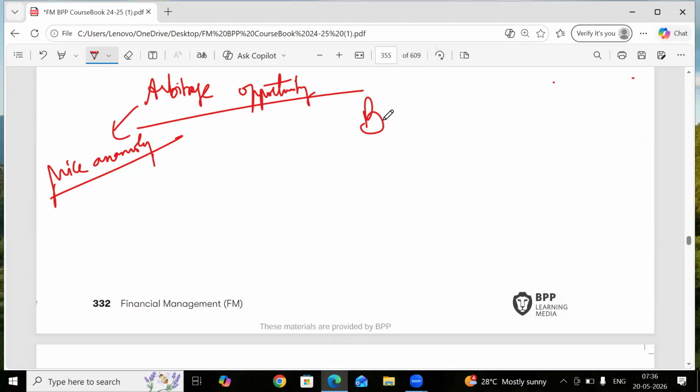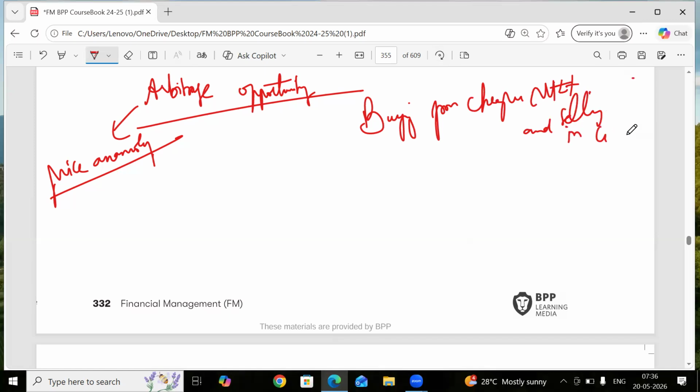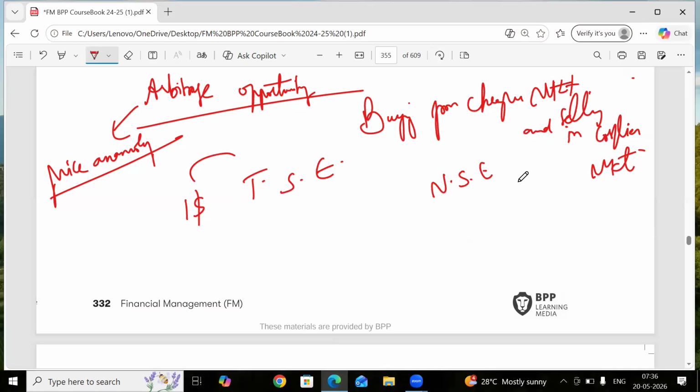So first, buying from the cheaper market and selling in the costlier market. Let's say Google stock is trading at $1 in the Tokyo Stock Exchange, and in the New York Stock Exchange it is trading at $1.5.